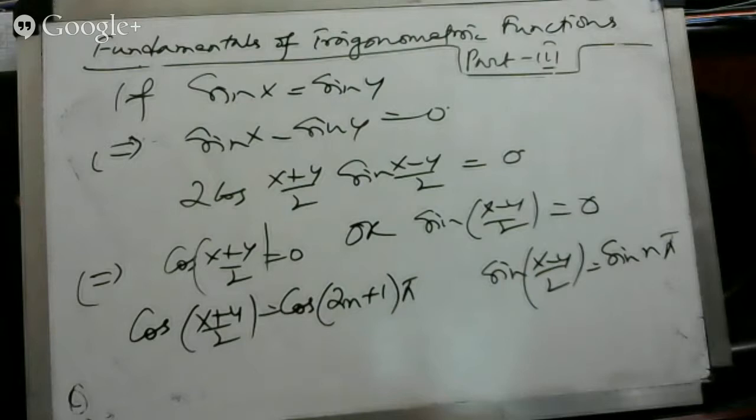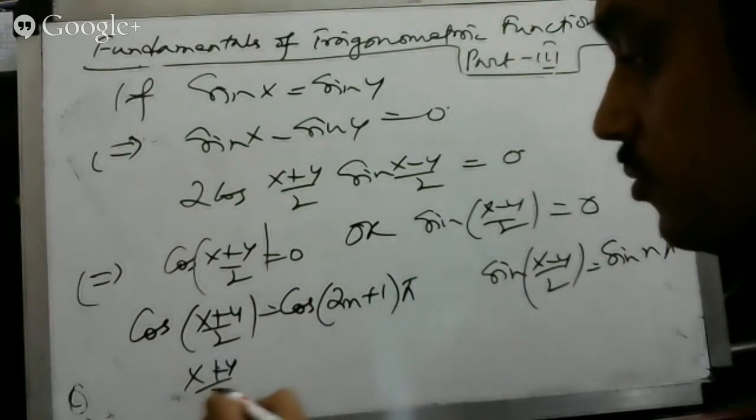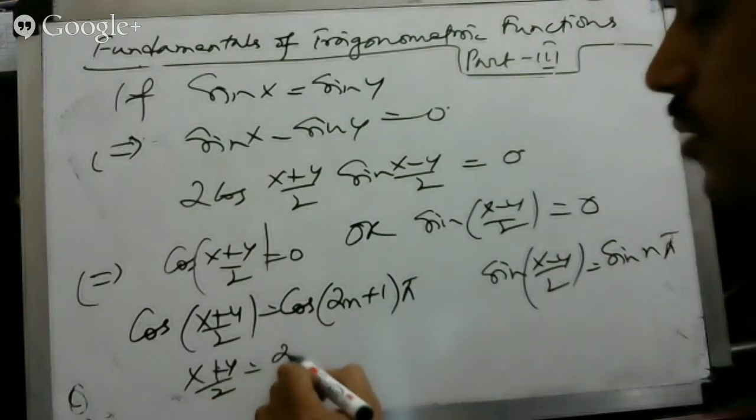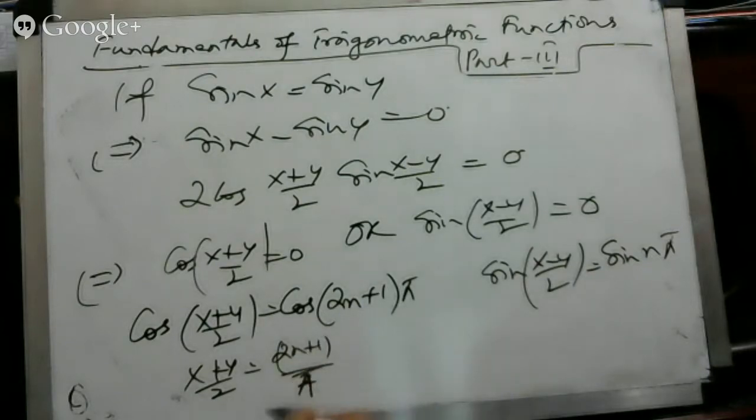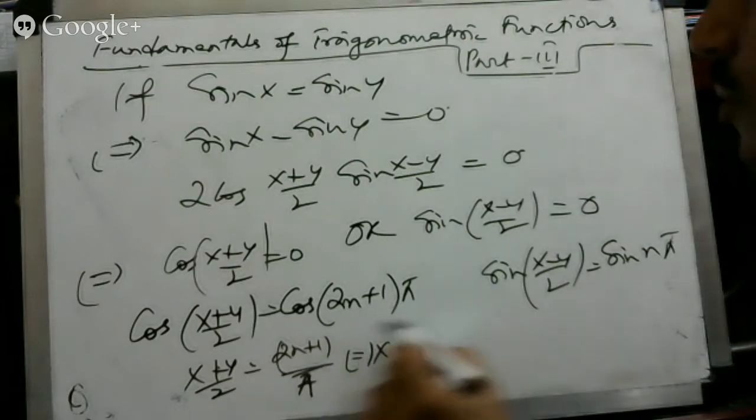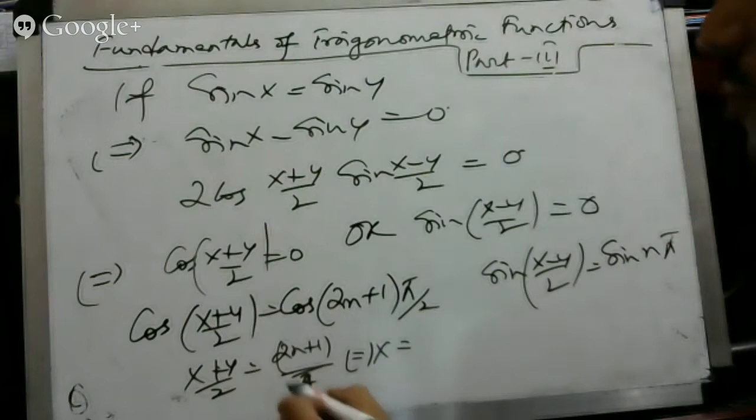Right? So here we get x is equal to (2n plus 1) pi minus y.